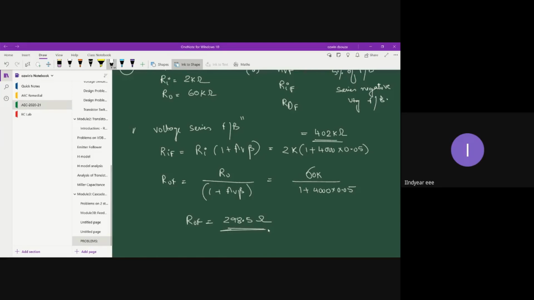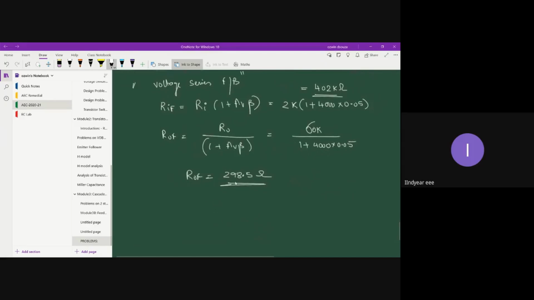You can see the output resistance has reduced from 60 kilo ohm to just 298.5 ohms. That is the effect of negative feedback for a voltage series feedback amplifier. So that's the first part.